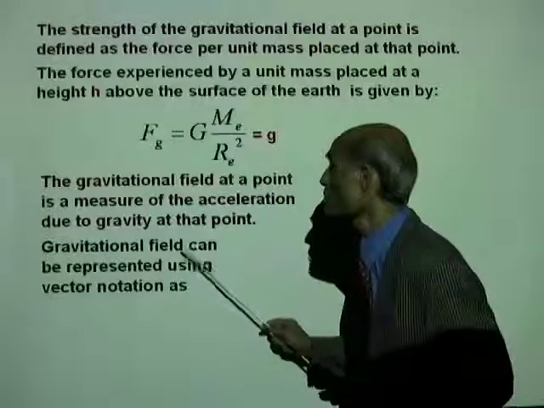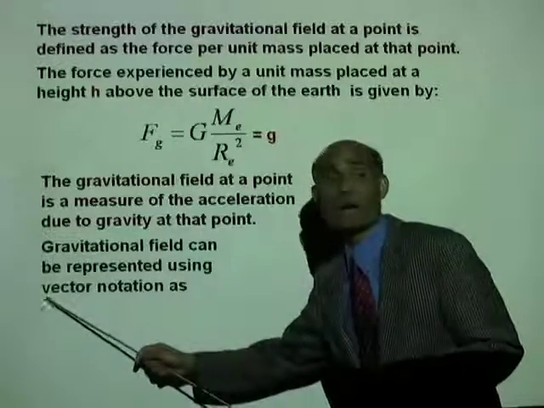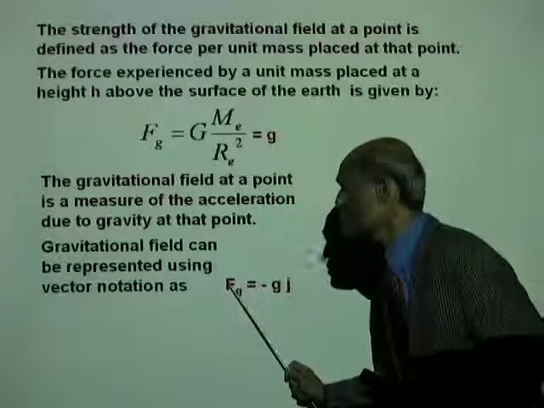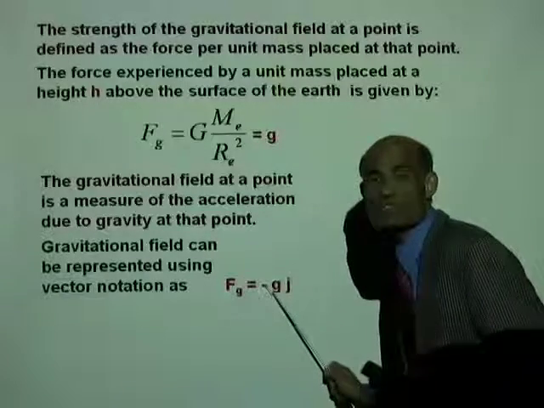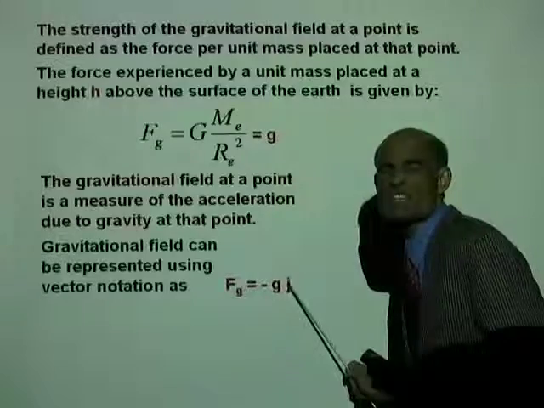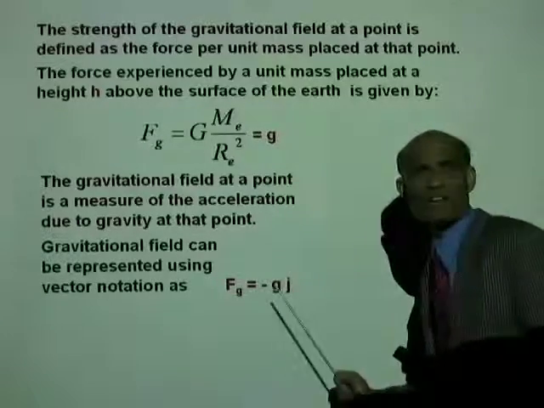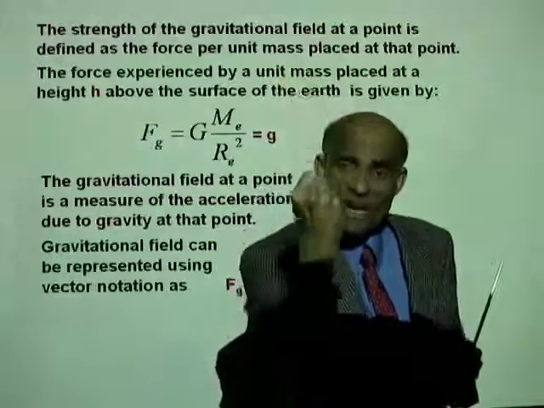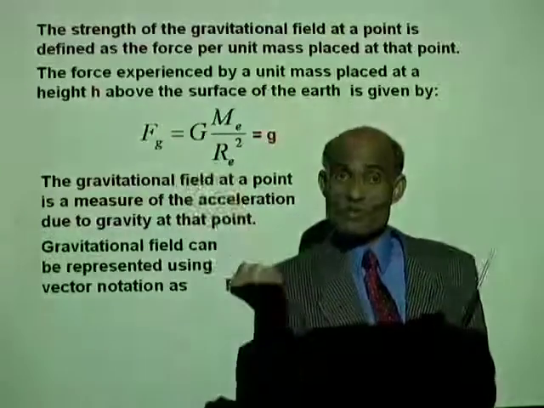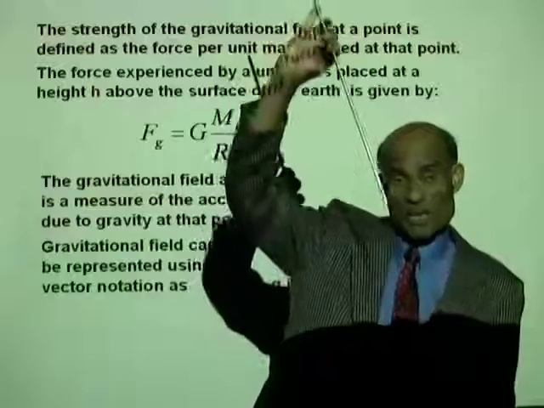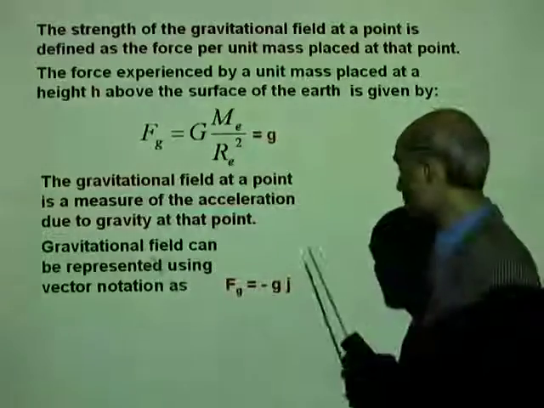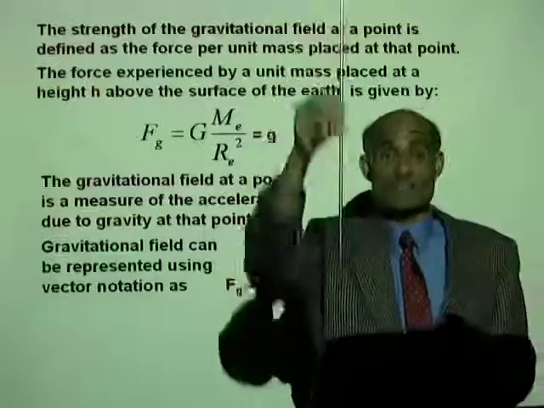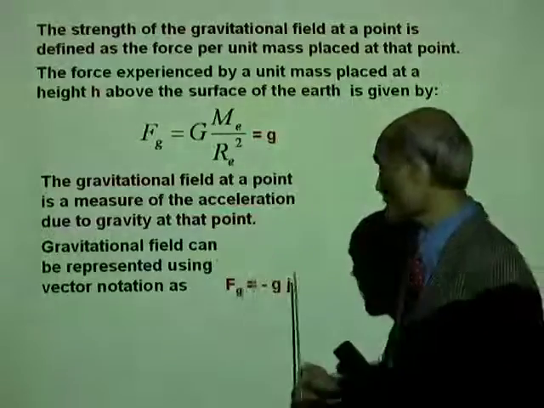Now, gravitational field can be represented by vector notation as Fg equal to negative g j. Now, did you understand this? Gravitational field is a vector that is directed towards the earth. Anything that is directed in the vertical direction is a y vector.